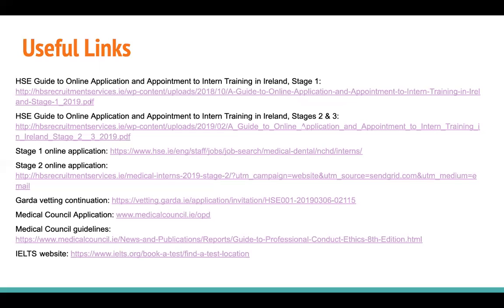But as far as the stages go, all the information is on the HSE website, and those are the useful links you can use if you want to go back through this PowerPoint. So that's everything on behalf of me and applying to Ireland. If there are any questions, I'll be happy to take them and try and answer them for you, hopefully.